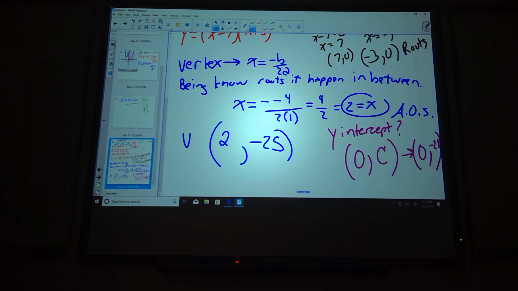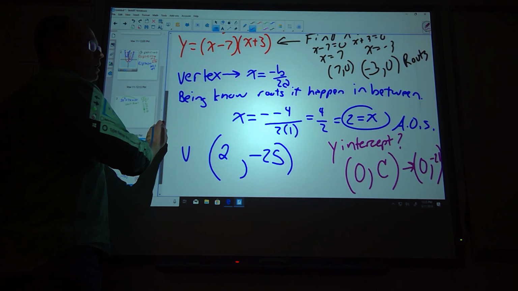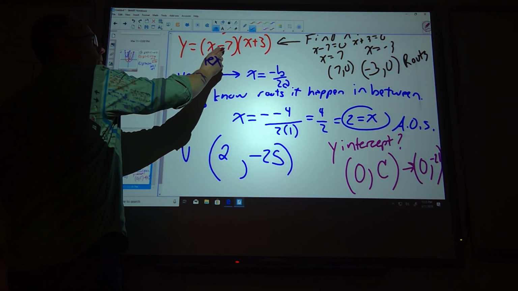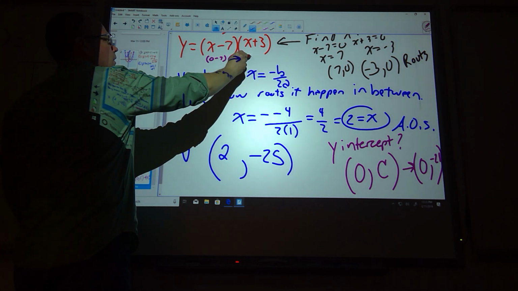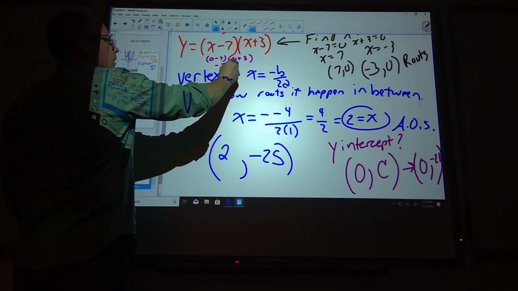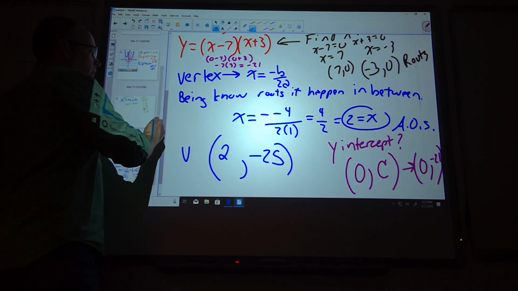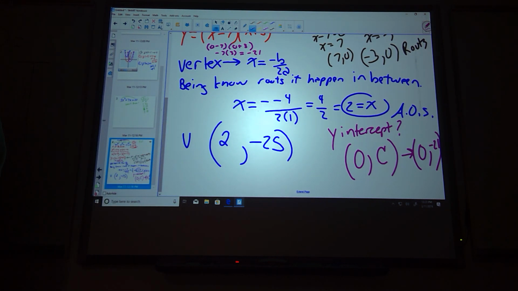Or if we don't have it in that form, I could take that 0, that's an x value, plug it in here. 0 minus 7 and 0 plus 3. So I get negative 7 times 3 is negative 21. So multiple ways to get there. So it's always c. If you can't see the c value, because it's in factored form or it's in vertex form, plug 0 in for x, and whatever your answer comes out is your y-intercept every time.